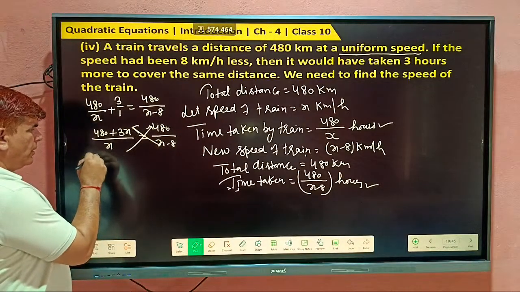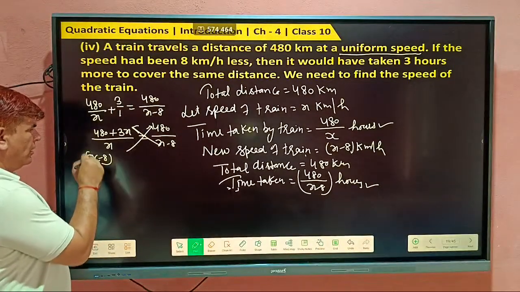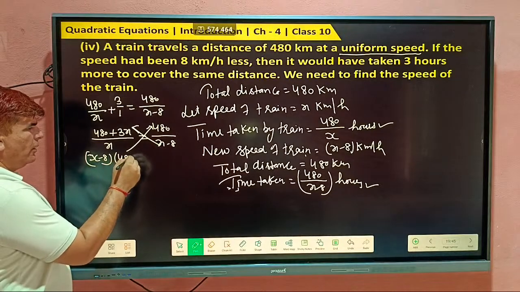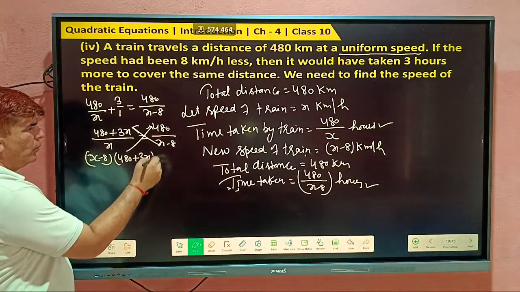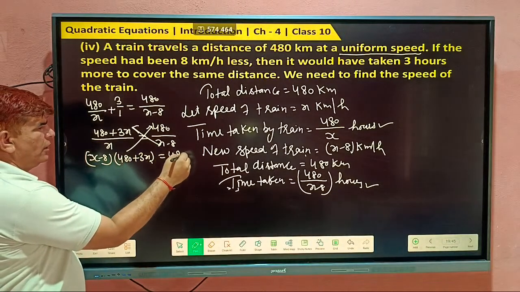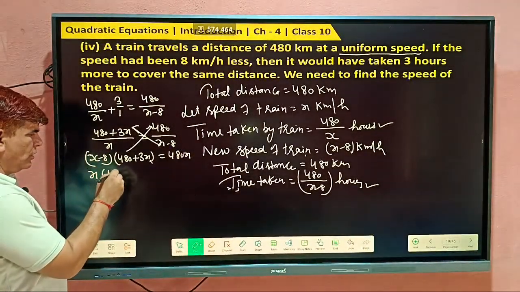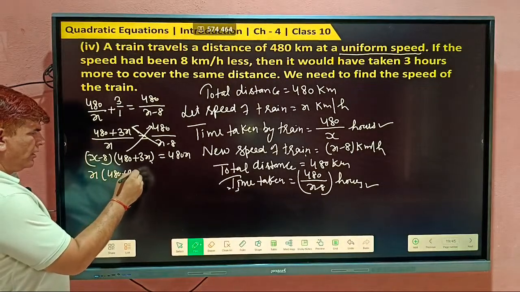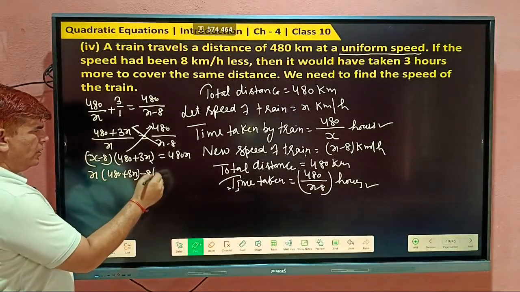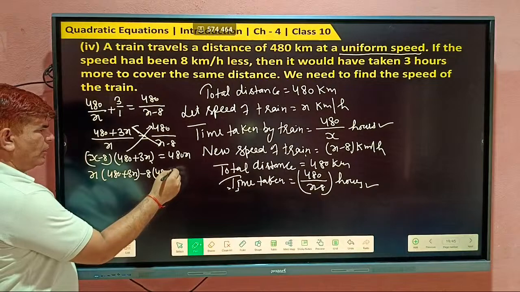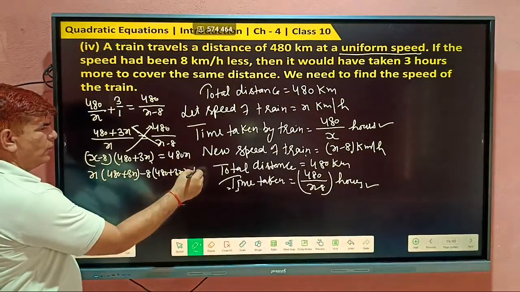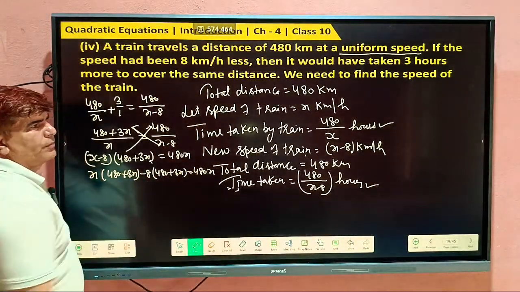So it has become (x - 8)(480 + 3x) = 480x. Solve it. x into 480 plus 3x, minus 8 into 480 plus 3x, is equal to 480x.